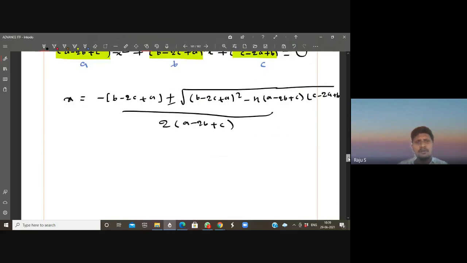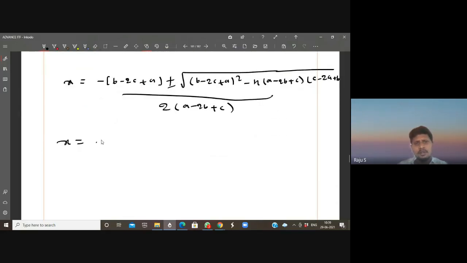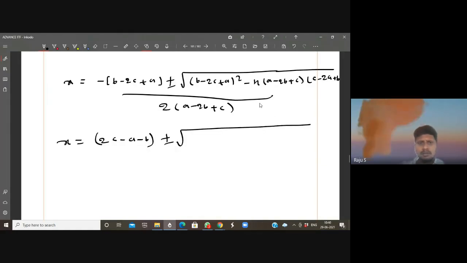Students, all of you simplify this. Your 2c becomes positive 2c minus a minus b, and plus or minus the discriminant. The discriminant must be greater than or equal to 0. What is the discriminant value?